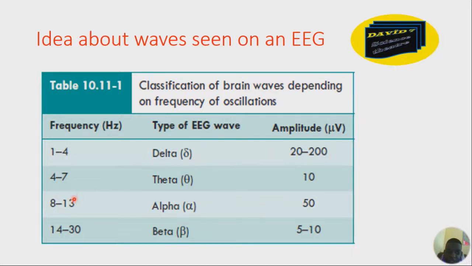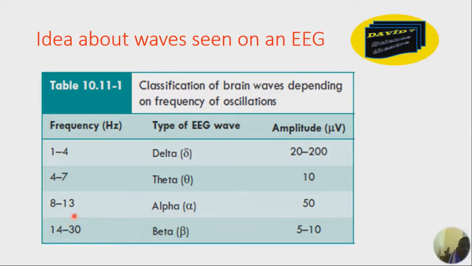Then we have the alpha, which has an amplitude of 50 microvolts, and alpha waves have a frequency of 8 to 13.